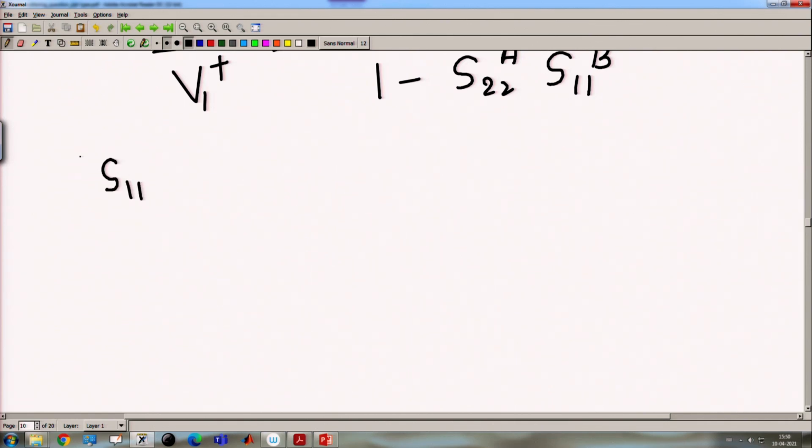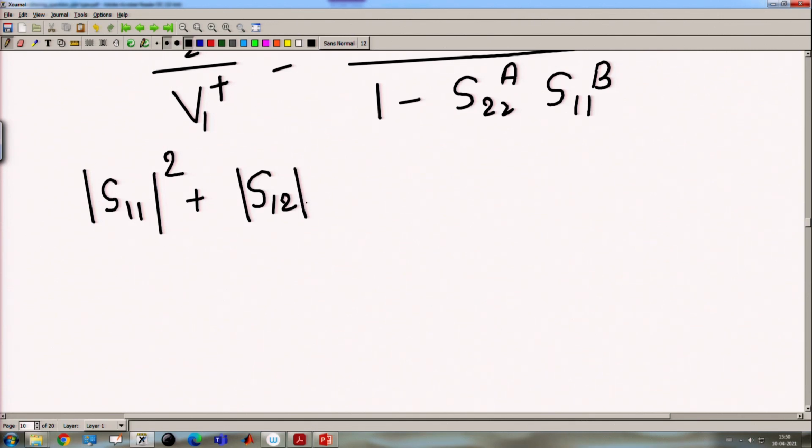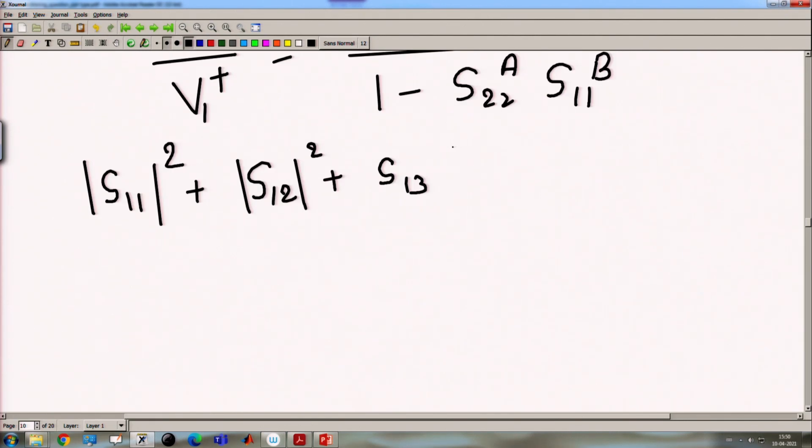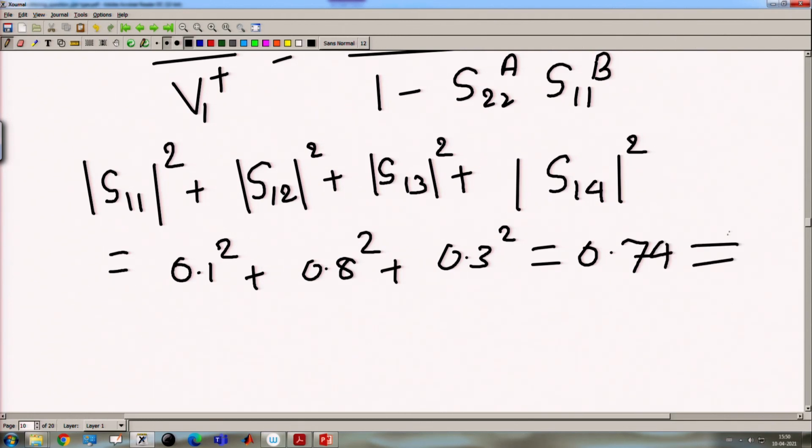So, for this 4-port network, mod S11 squared plus mod S12 squared plus mod S13 squared plus mod S14 squared equals 0.1 squared plus 0.8 squared plus 0.3 squared, and this will come 0.74. So, this is not equal to 1.